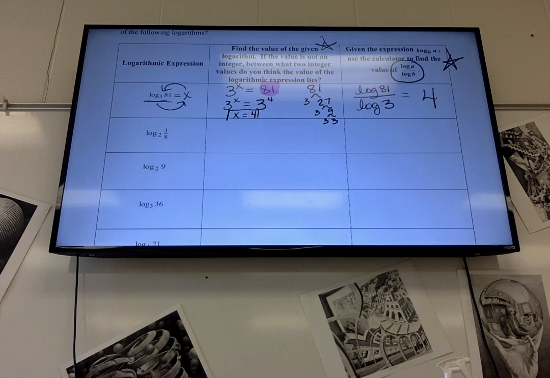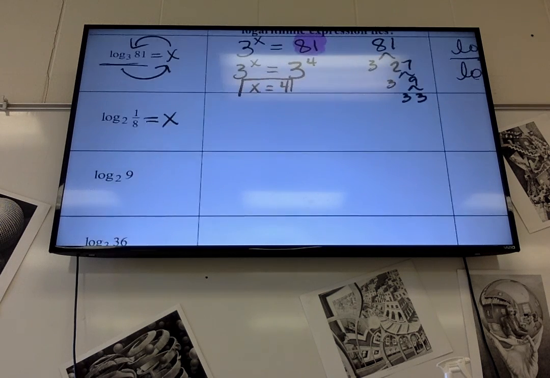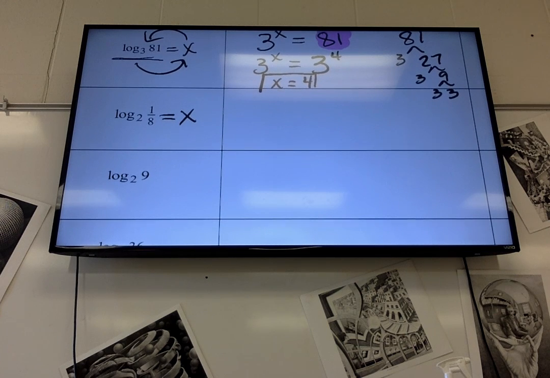Okay, so again, log base 2, 1/8 equals x, got to be equal to something so I can rewrite it. Going to use the circle method. 2 to the x equals 1/8.